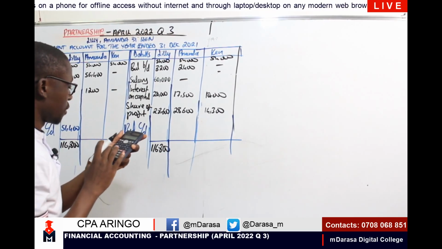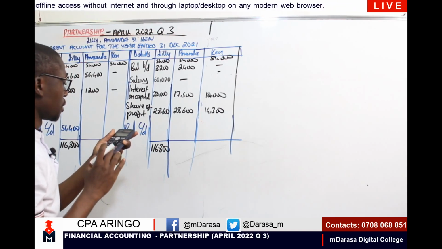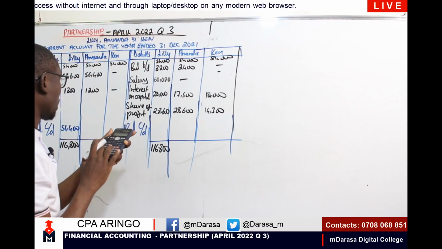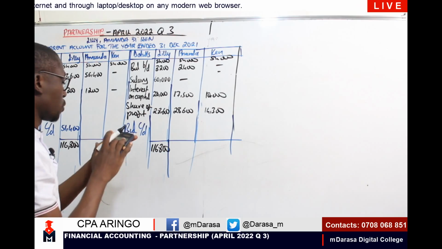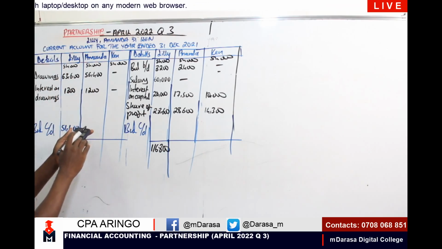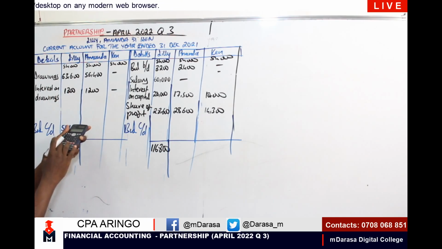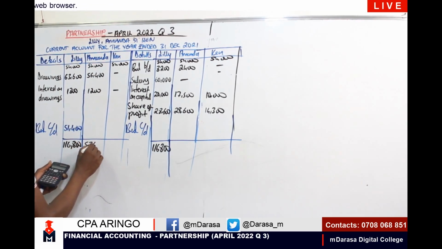Amanda: 2,400 plus 17,500 plus 28,600 minus 56,400 minus 1,200. So this side is more. The debit side is more, 56,400 plus 1,200 to give us 57,600.